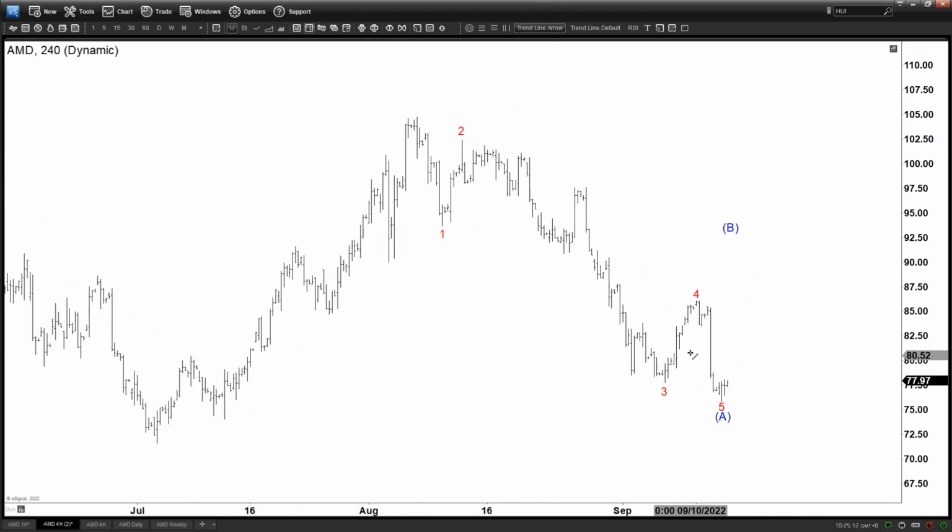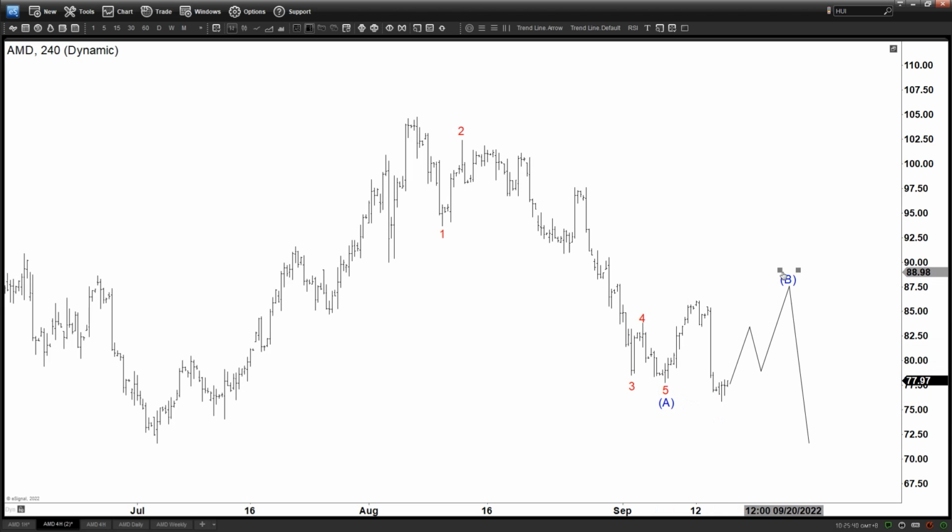The rally is going to be correcting this entire 5 waves down, and it could potentially do a B leg. Now again, showing you the alternate doesn't mean we are calling it this way, but just showing you the alternate, right? So it could be doing this 3 rally, which is a bigger rally, to correct this entire 5 waves before going down again.